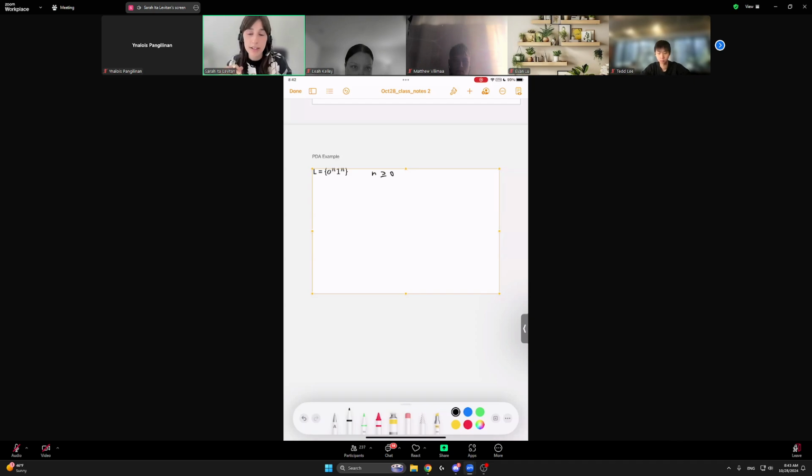Think about it. Remember, we're going to be processing this string one symbol at a time. And somehow we want to use the stack to check if it's in this language or not.